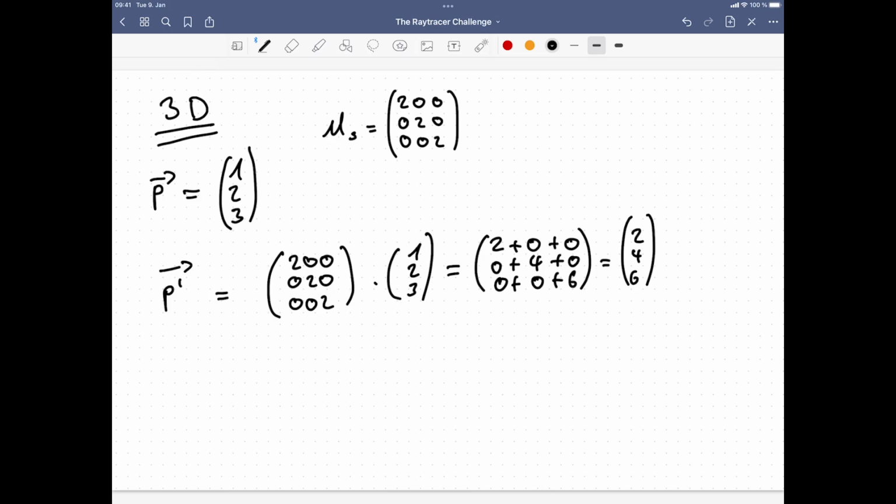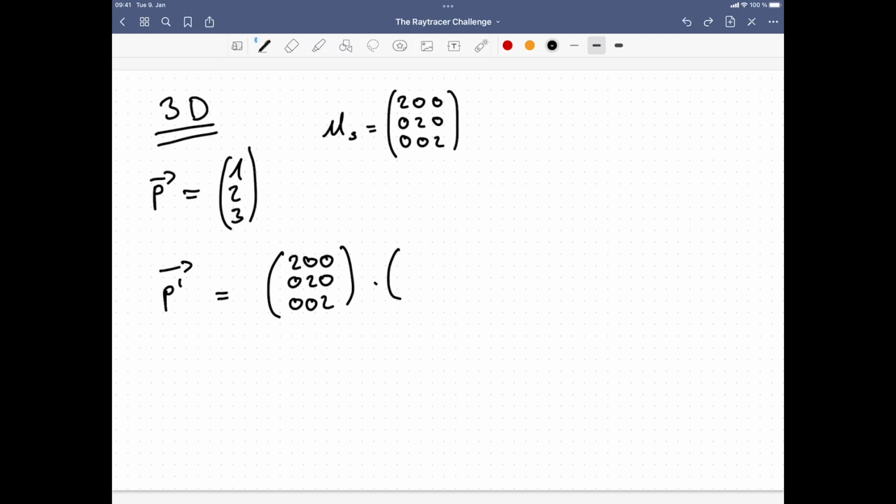What we could of course do is add this translation information in another way. We could, for example, do something like we want to have this scaling and we multiply it with the point and then we add another point. For example, the movement of 2, 3, 4.